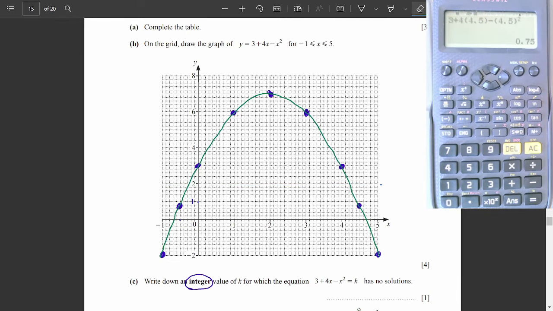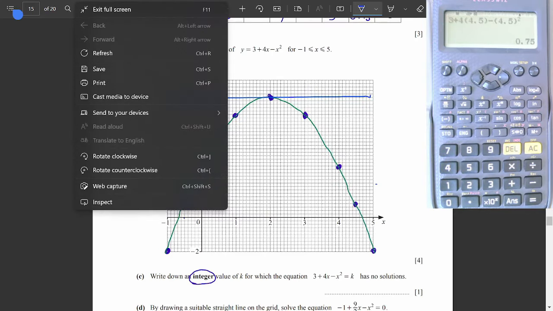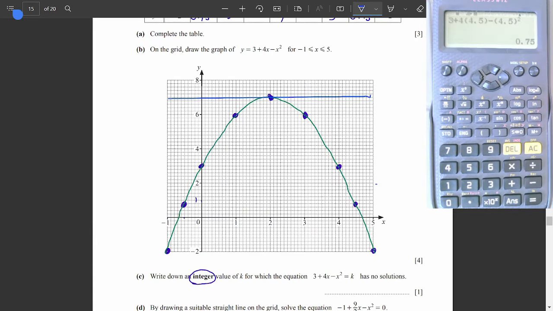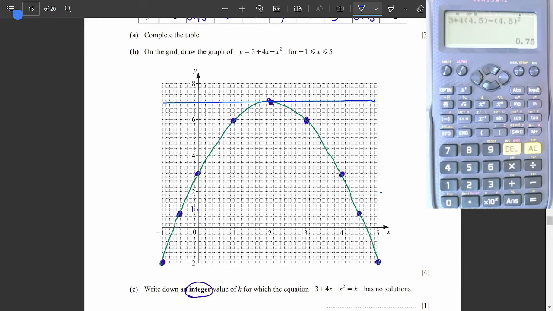If I were to draw a line over here, which I assume is y equals 7, now the value of k is 7, I will have one solution because I touched the graph only once. So anything above 7, I will have no solutions.